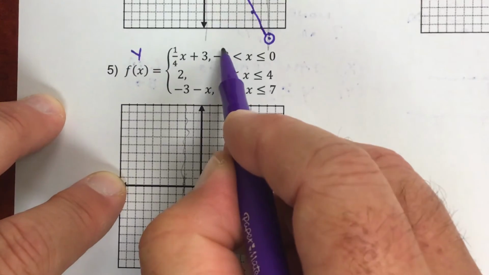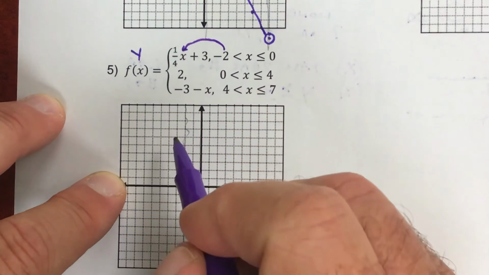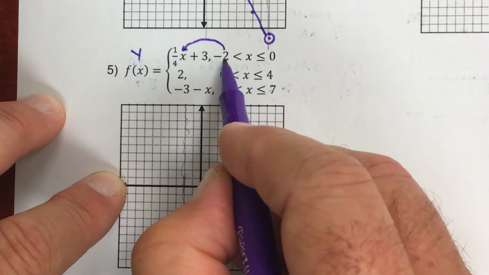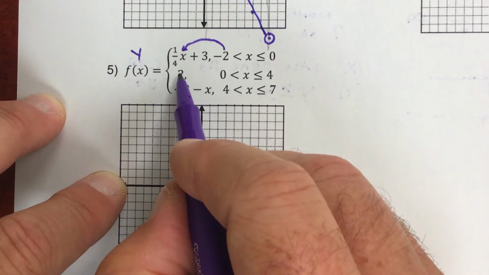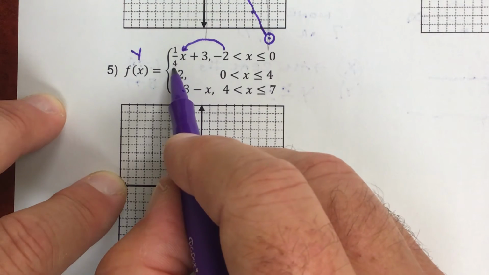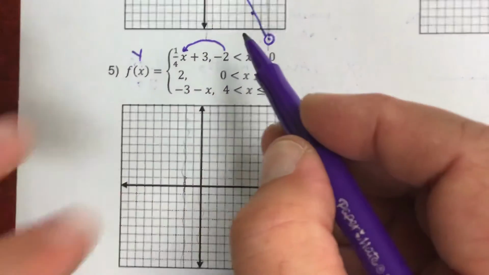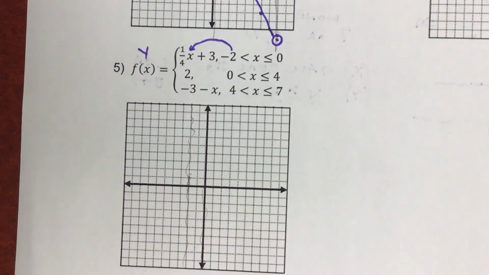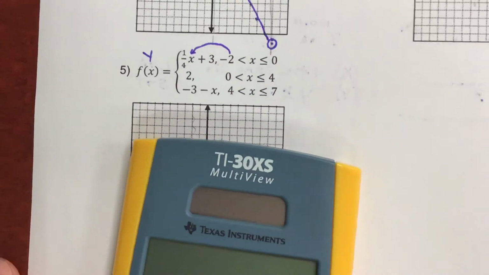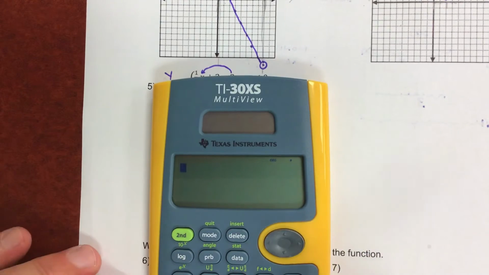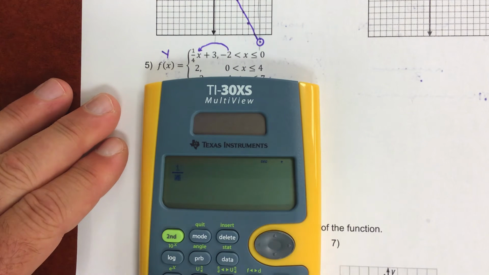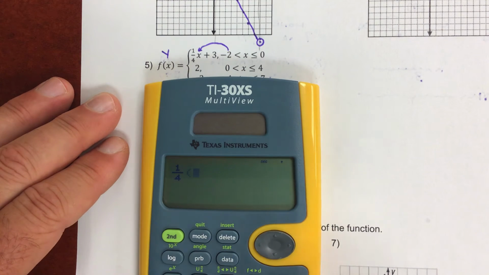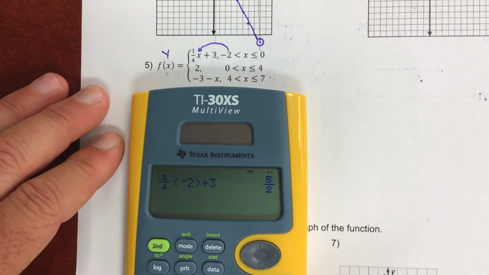This time I'm just going to take this and plug it in. So 1/4 times negative 2 is negative 1/2, and then plus 3. This is why a calculator is pretty good to have here. 1/4 times negative 2 plus 3 is going to be 5/2.